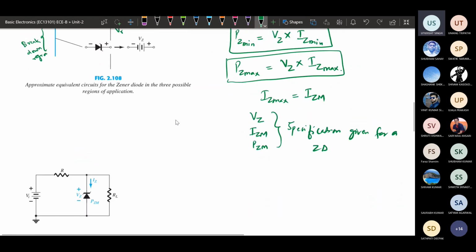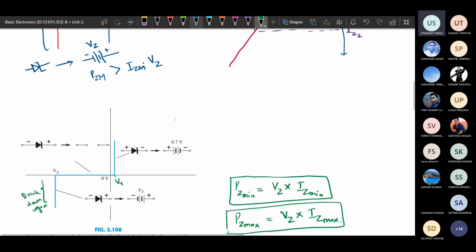So we can just write some points. In case of a Zener diode, how is it going to work? In breakdown, once it reaches breakdown, the voltage across it is constant, equivalent to VZ, and the current could be varying based on the input voltage. Whatever input voltage we are applying, the current will vary with respect to that. This Zener diode works in reverse bias case.